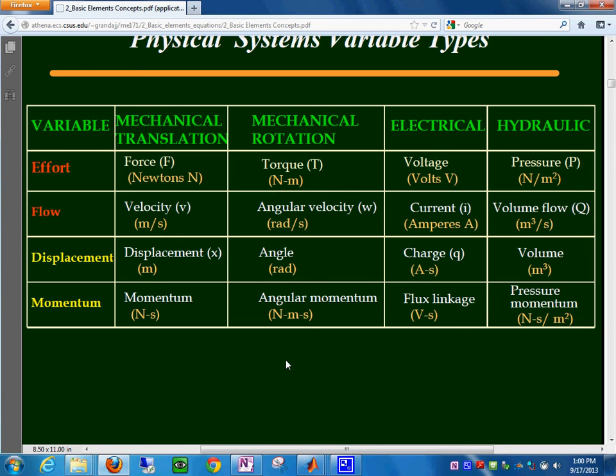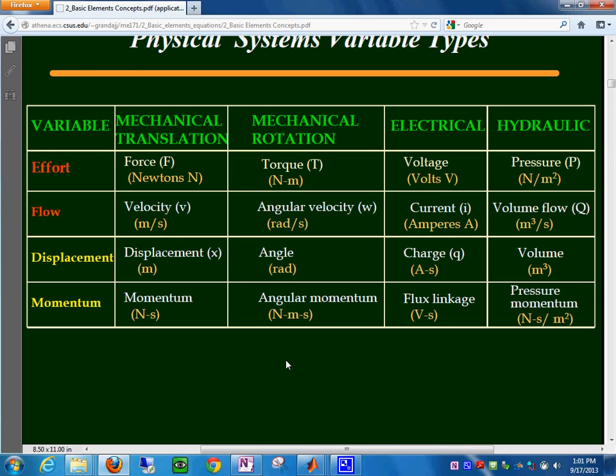So when we talk about an effort, we might be talking about a voltage, a pressure, or a force. When we talk about a flow, we might be talking about the velocity, the angular velocity, or the current or the volume flow rate.